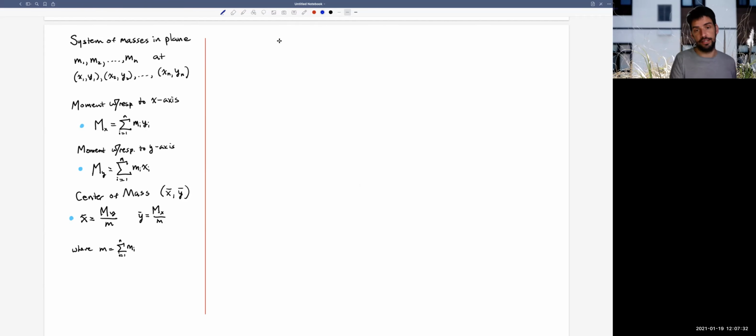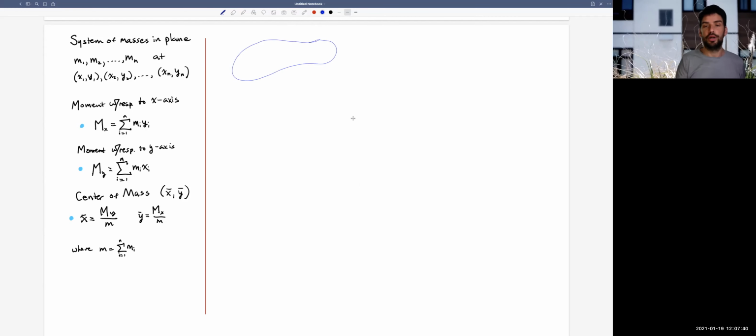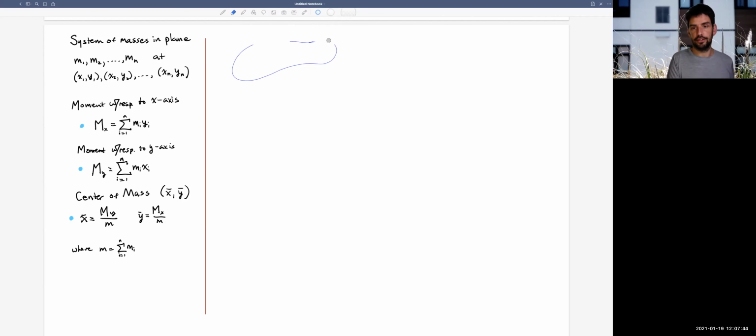Our goal here, what we've been building for, is to get to a place where we can, so imagine, I don't like how that looks. Imagine we have what we call a lamina.